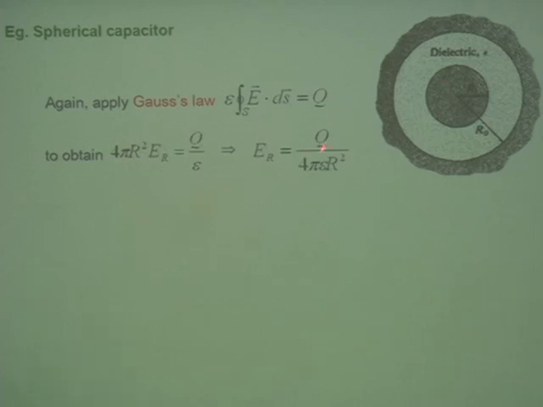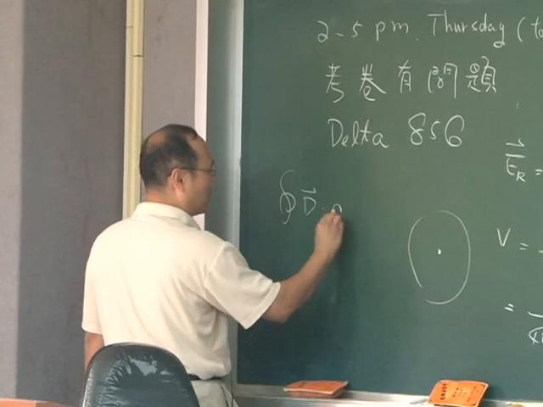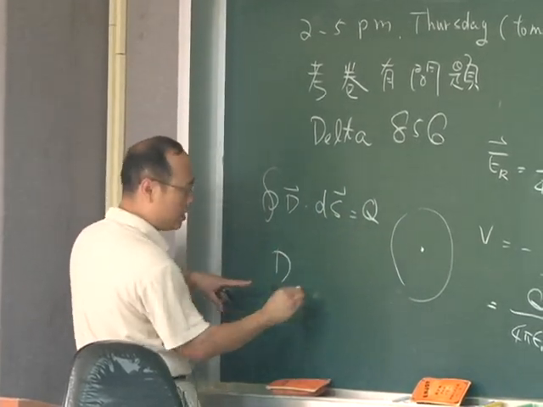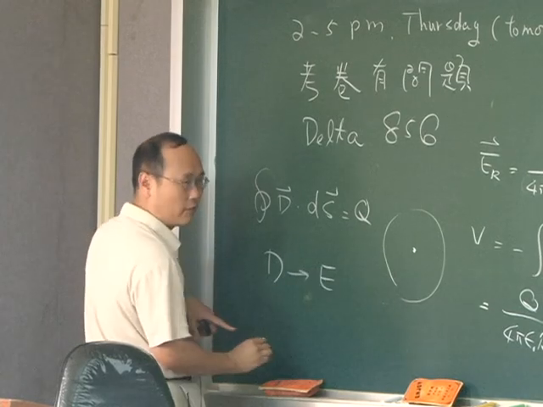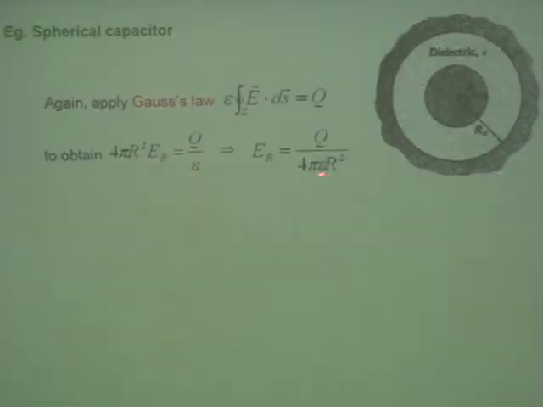This is the total charge you can enclose. Then this is the surface area divided by epsilon. 那其实这个是刚开始从你的Gauss law 开始。You first find out D, then you find out the electric field, and so you have to put the epsilon, the permittivity of the material, into this expression.